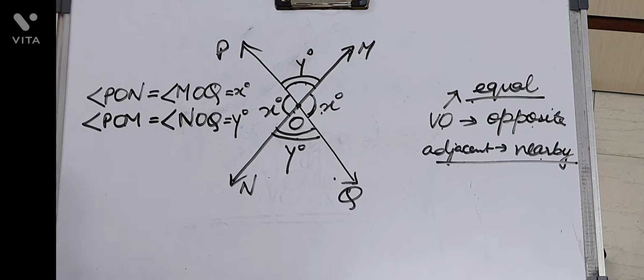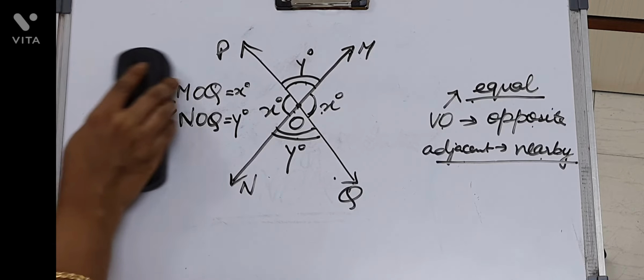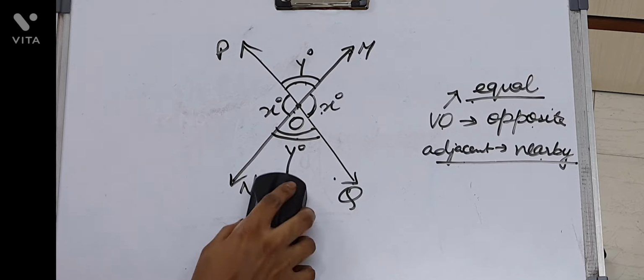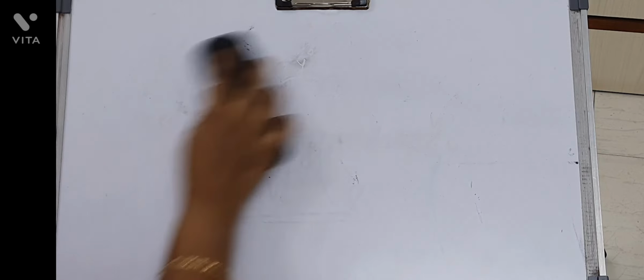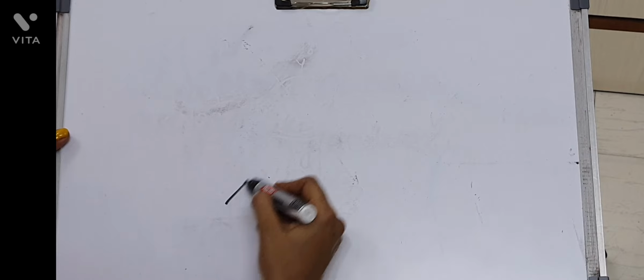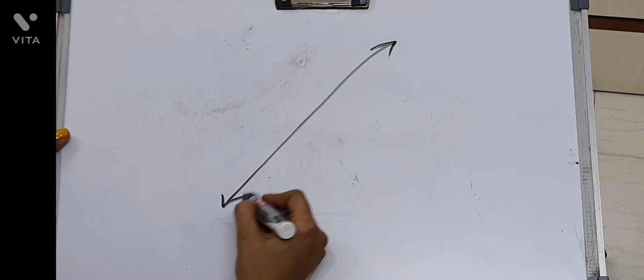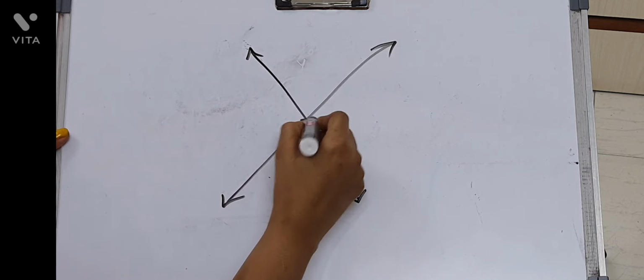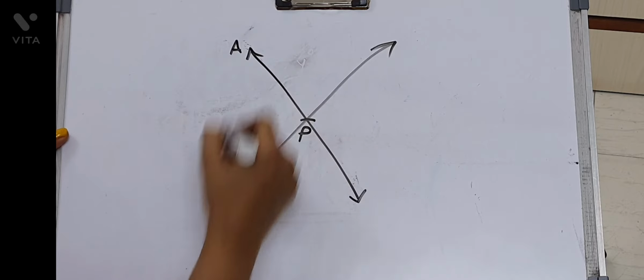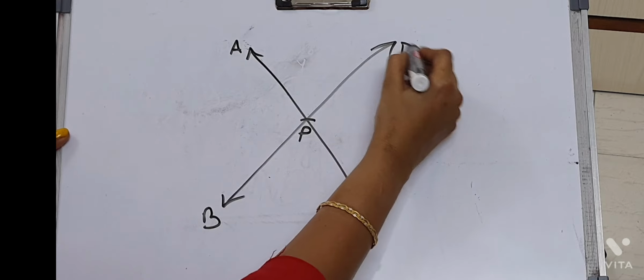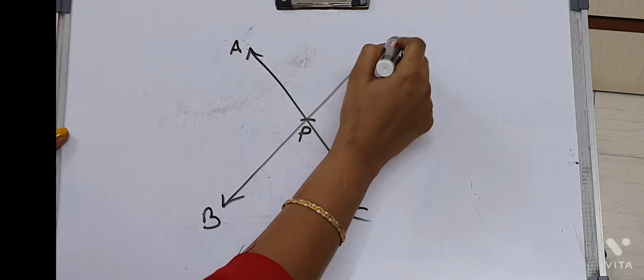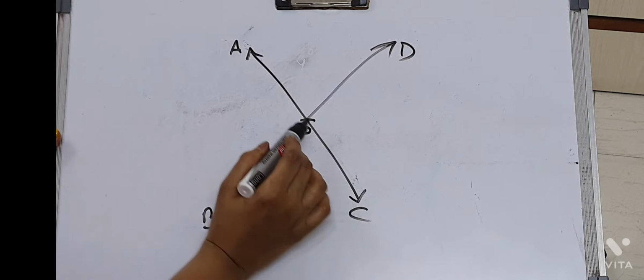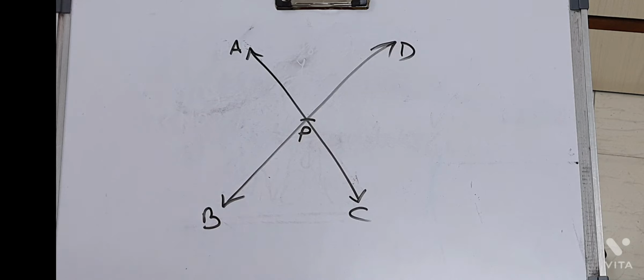Now comes the second property, which is the adjacent angle property. In this case, now when there are two straight lines, suppose here they meet at a point P, with points A, B, C, D. So here AC and BD are the two straight lines intersecting at a point P. What is happening here?